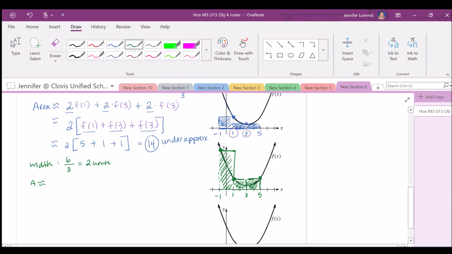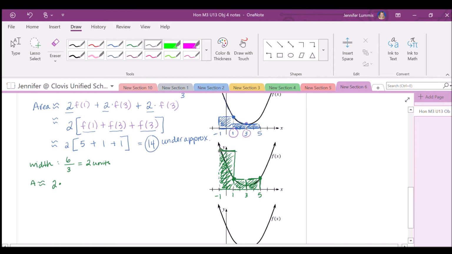So we're just finding the area of each rectangle and then adding them together. So the area of the first rectangle is 2 units of width. And then my height, so what number did we plug into our function to get the height of that first rectangle?